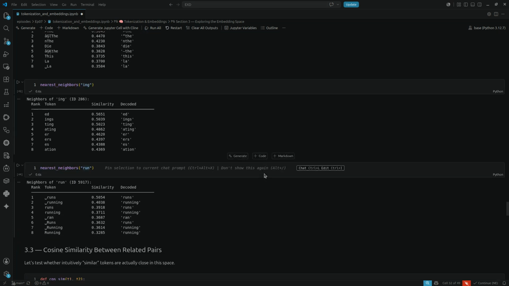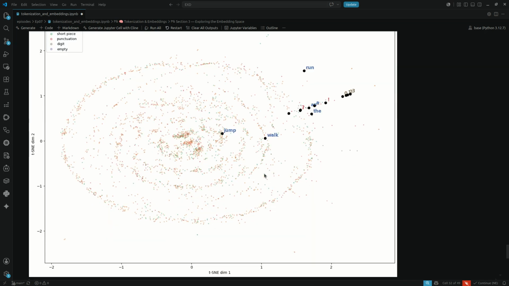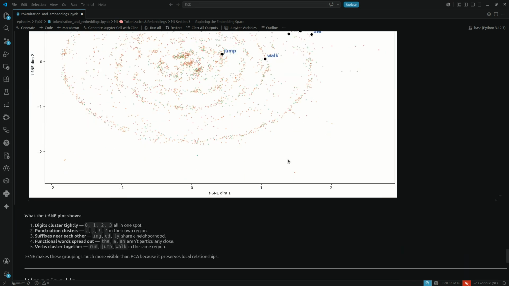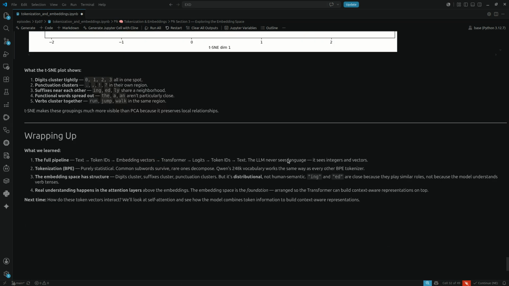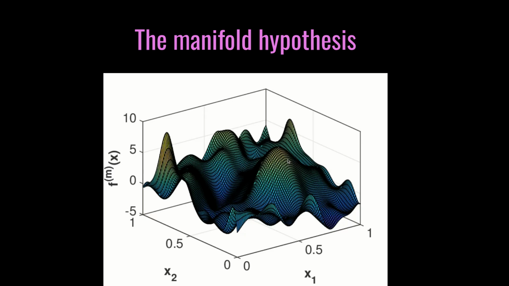This, and then we finally took a look at clustering, and we saw that, yeah, this is in fact the case. And this gives us a very hand-wavy, intuitive sense of what an LLM is doing.